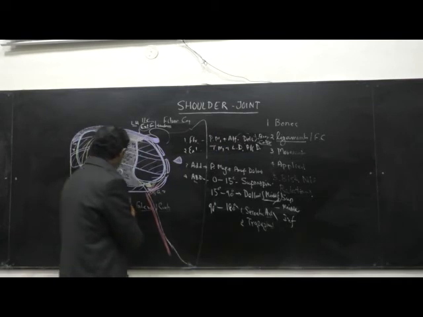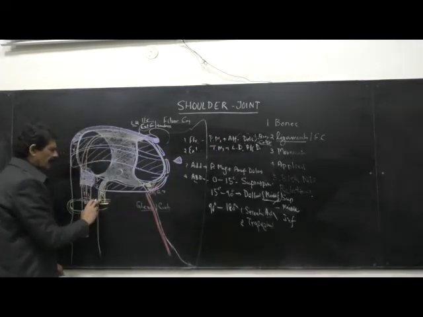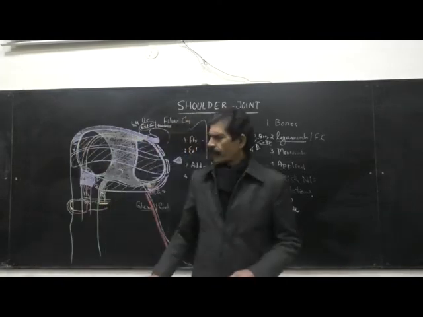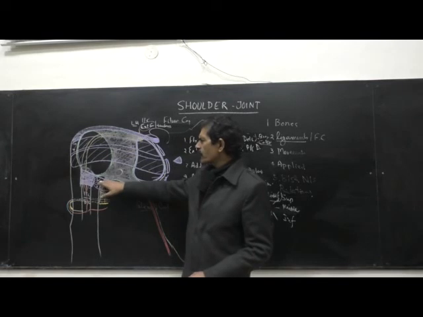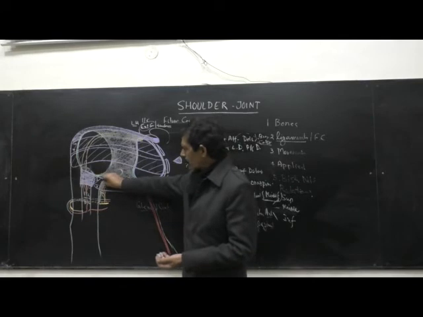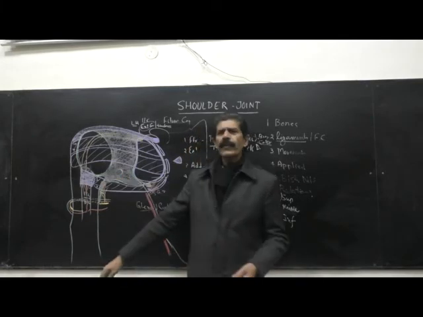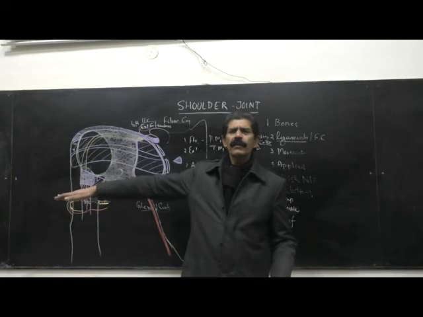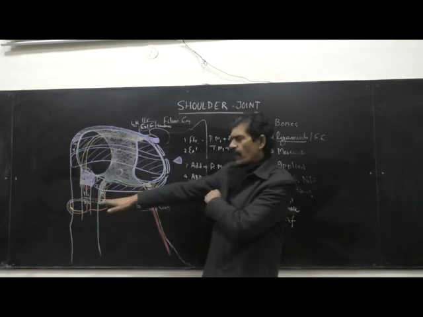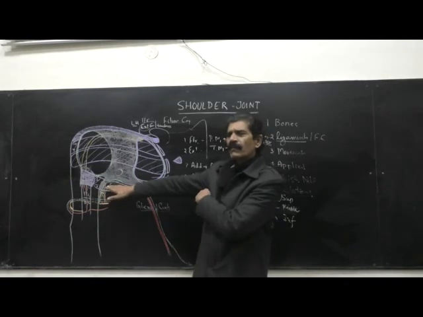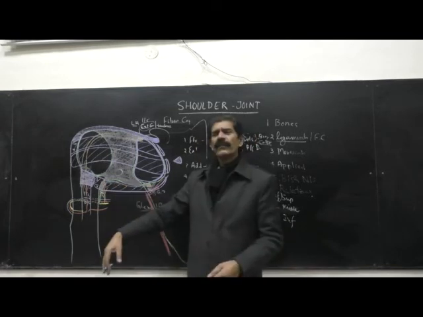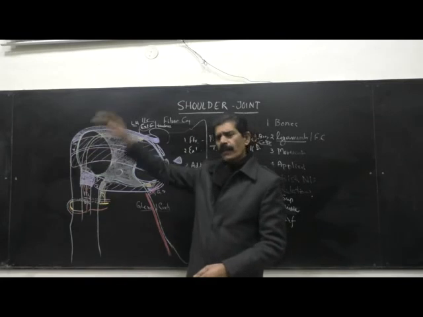And the inferior extension of the fibrous capsule also facilitates this overhead abduction. If there were no inferior extension of the fibrous capsule, and the capsule were attached to the anatomical neck only, then we would not be able to abduct the arm above 90 degrees, because the fibrous capsule would be stretched between the glenoid cavity and the humerus, and overhead abduction would be absent. But because of its inferior extension, we are able to abduct it.